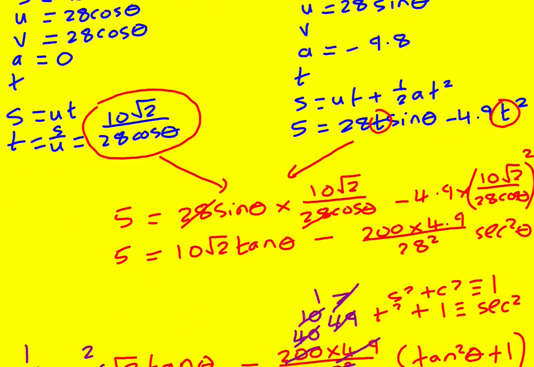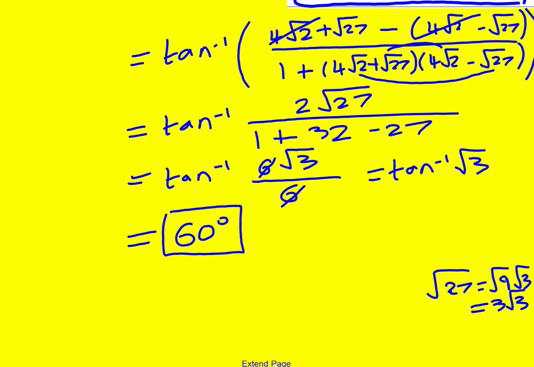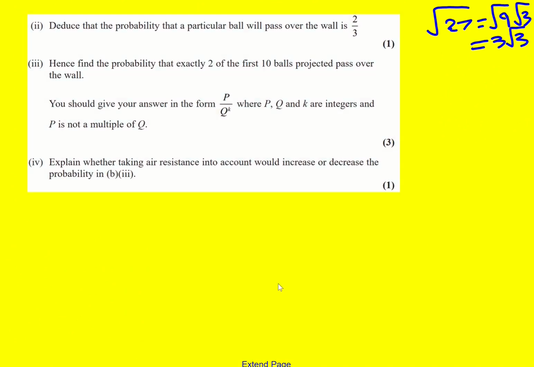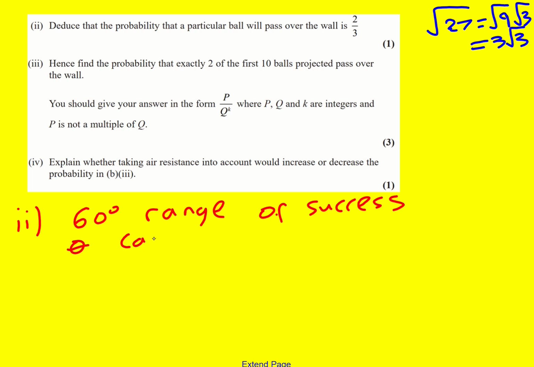Okay, now that was the main part of the question, but there is a little bit more. And in fact, some statistics is now brought into this. Deduce that the probability that a particular ball will pass over the wall is 2/3. So there's a 60-degree range of success. And theta can vary between 0 and 90.